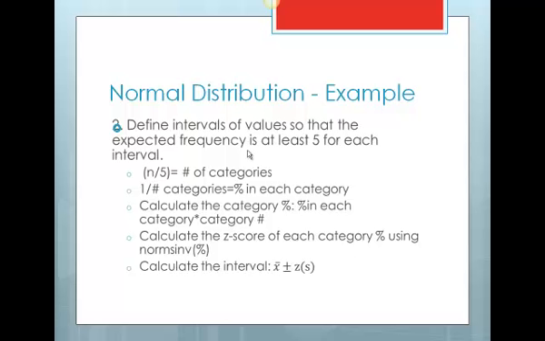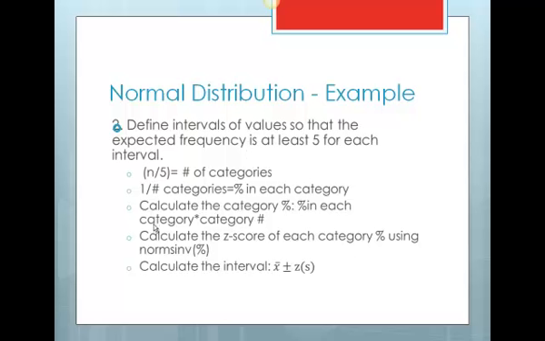Next is where we come to defining the intervals. This is where all the steps are. The rule is that you must have at least 5 observations in each category. So we'll take the number of observations and divide that by 5, which makes sure that we have at least 5 observations in each category. That's how we always start defining our categories.